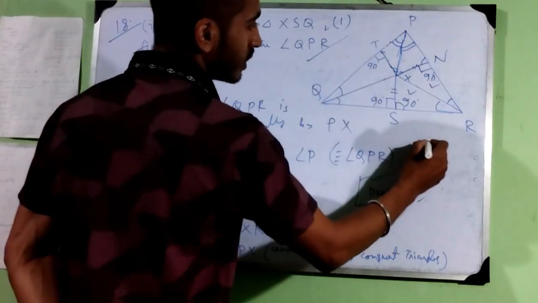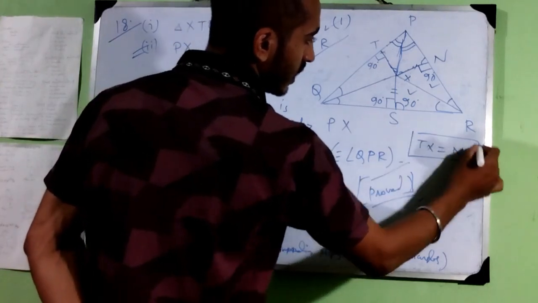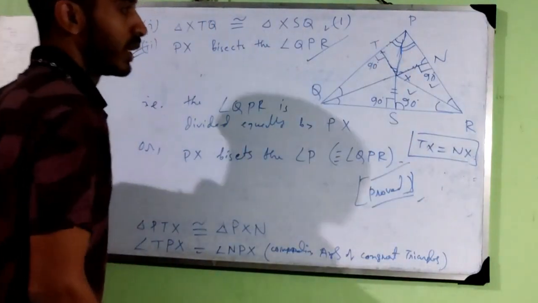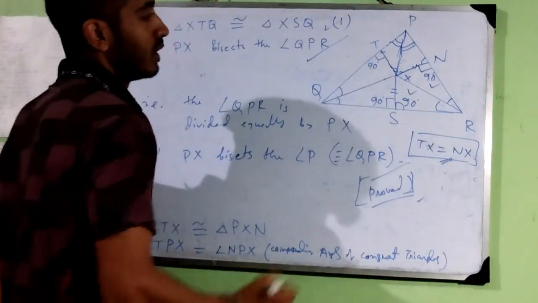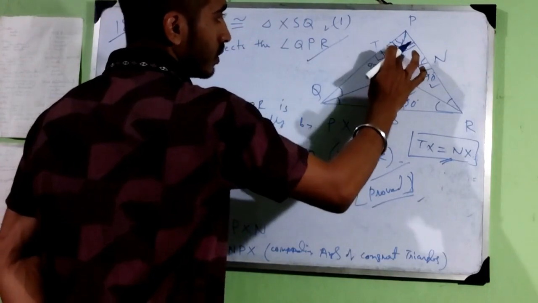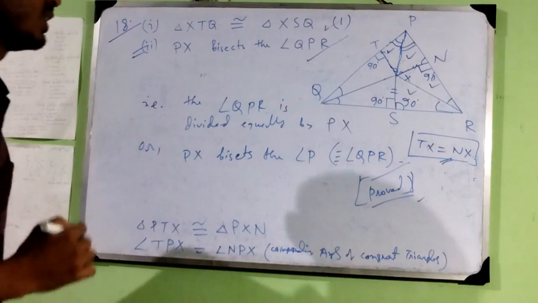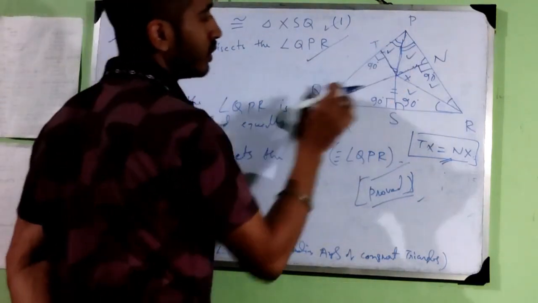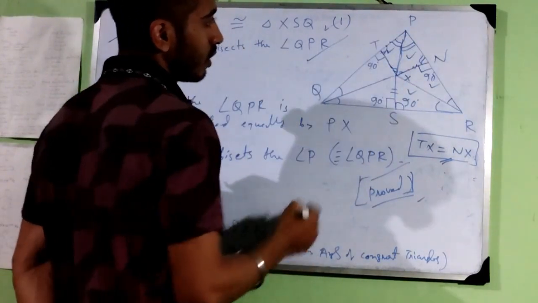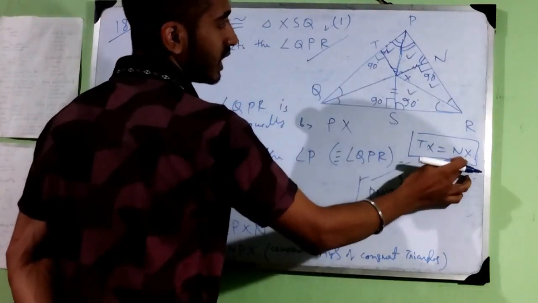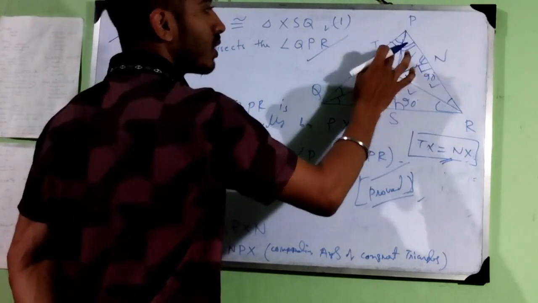TX equal to NX. To get this result, we have to do that kind of thing. Whenever you reach this step, you should write that this triangle and this triangle are congruent to each other, because you get this 90 degree, these sides are equal, and this is a common side, and then you are completed.